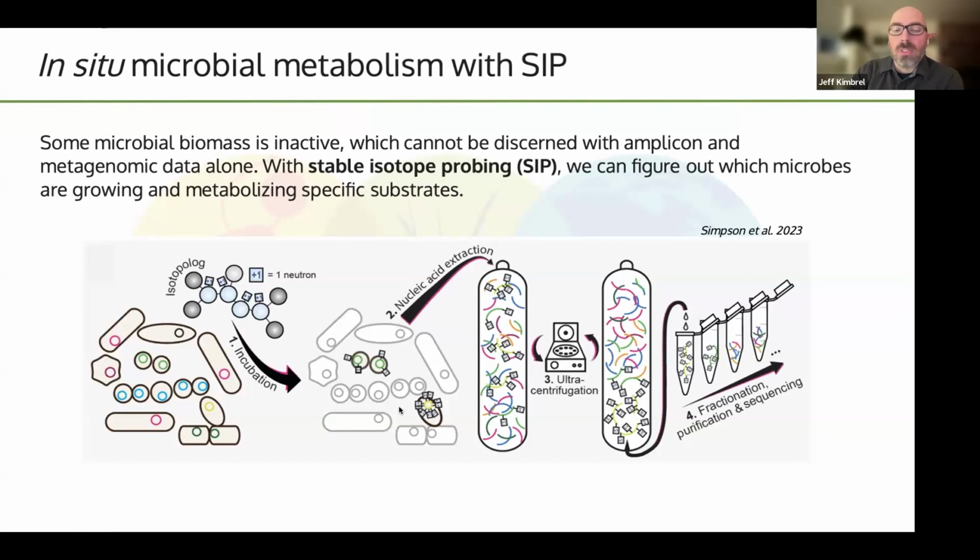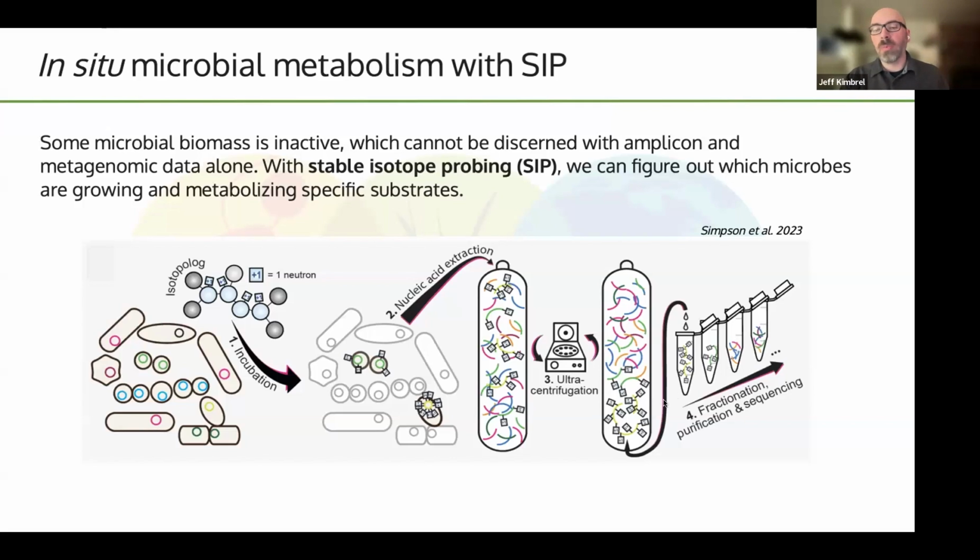In this situation, we're extracting nucleic acids. You spin down the nucleic acids, and those sequences that incorporated more of this heavy label will centrifuge to a higher density in the centrifugation, and then we can separate these by taking out different fractions and sequencing the different fractions.